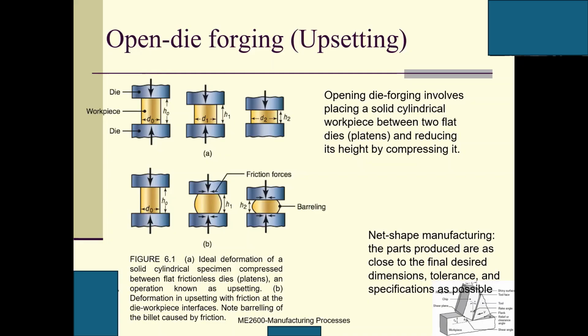Net shape manufacturing, as the name suggests. Can you tell me without looking at this explanation? Let's look at the name. The parts produced are as close to the final desired dimensions, tolerance, and specification as possible. So this is called net shape manufacturing. It means you do not need too much post-processing, and then you can save a lot of money.